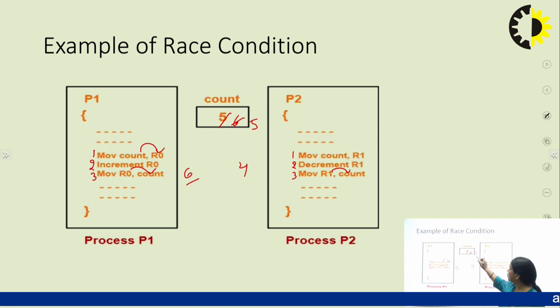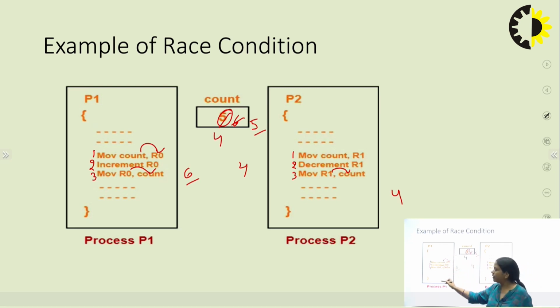The count value will be 5. Or there is another case where we start with the P2 process and decrement the value of count, then increase it with the help of P1. Then again the value will be 5, because it decreases when the value of count is 5, so count becomes 4.